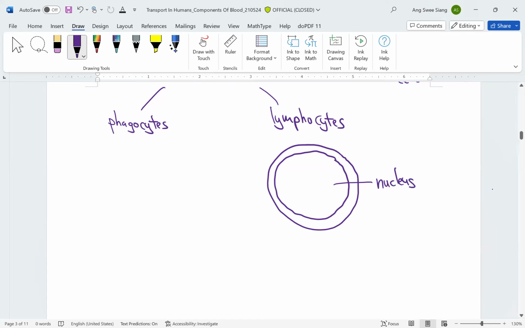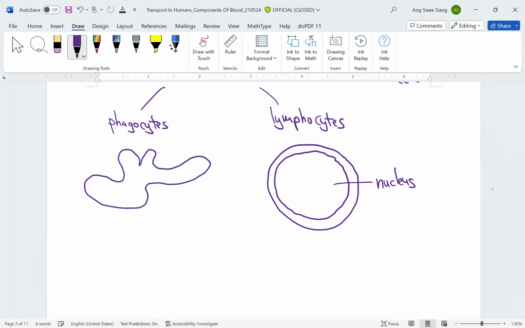So for lymphocyte, how do I know it is lymphocyte? It's a big circular cell. Then the nucleus is also very big, covering almost the entire cell. So this is how a lymphocyte will look like. Then for phagocyte, they are more irregular in shape. They are usually multi-lobed. I will attempt to draw it, but my drawing is not very good.